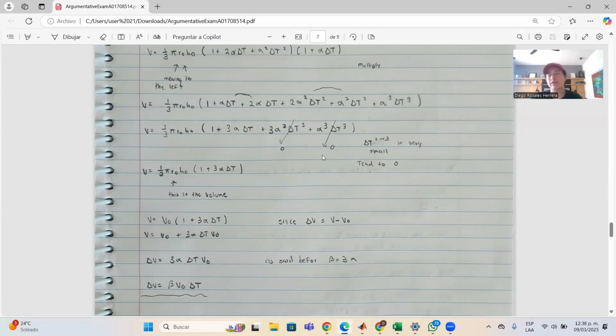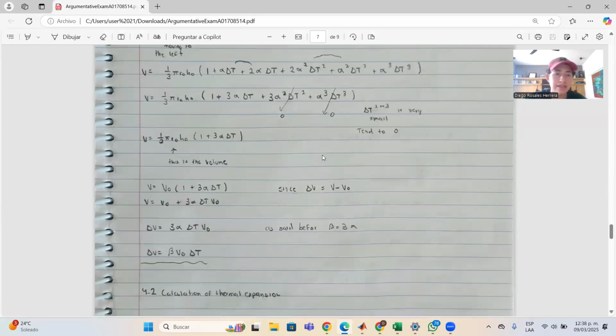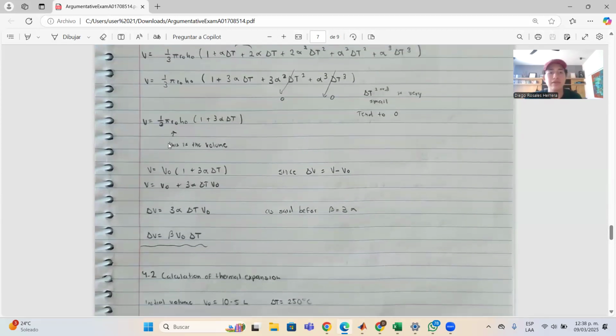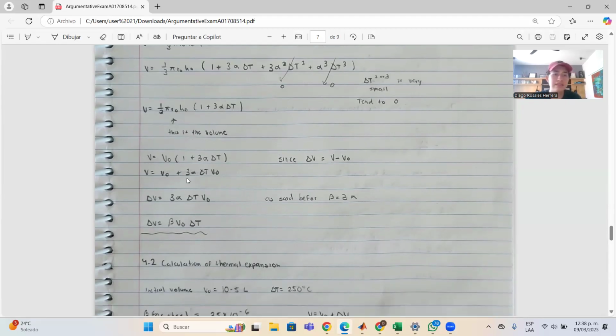So we can practically tell that it's 0, so we're going to assume it's 0. And we get this final equation, which is 1/3 of pi R0 squared H0 times 1 plus 3 alpha delta T. As we can see, this equation that we get on the left is the same as the initial volume I mentioned before.